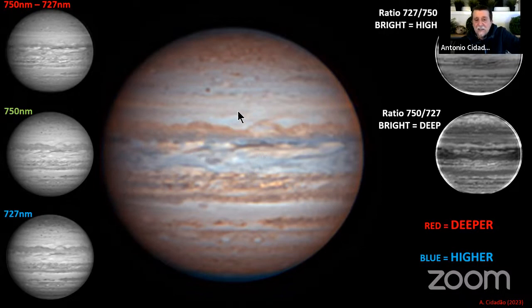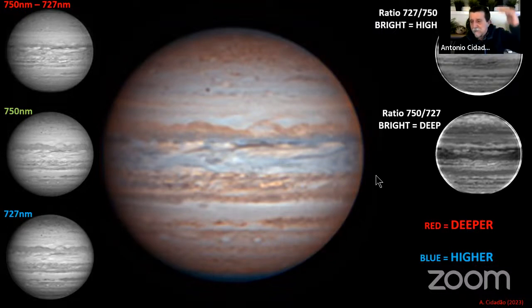I think that this was obtained in early February, so Jupiter was small in apparent diameter at the time. So I think that during opposition, this type of filters, with good seeing, can really produce interesting images of small scale cloud variation at the levels that can be probed by these filters.